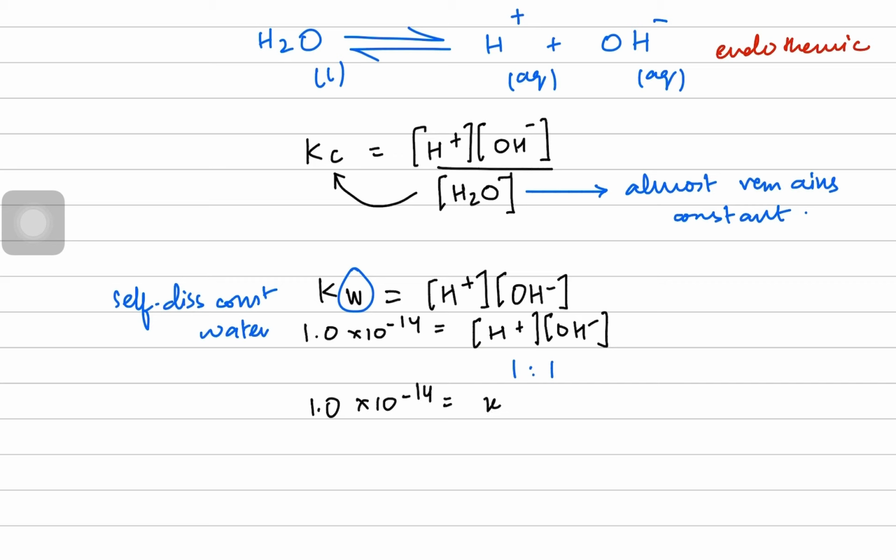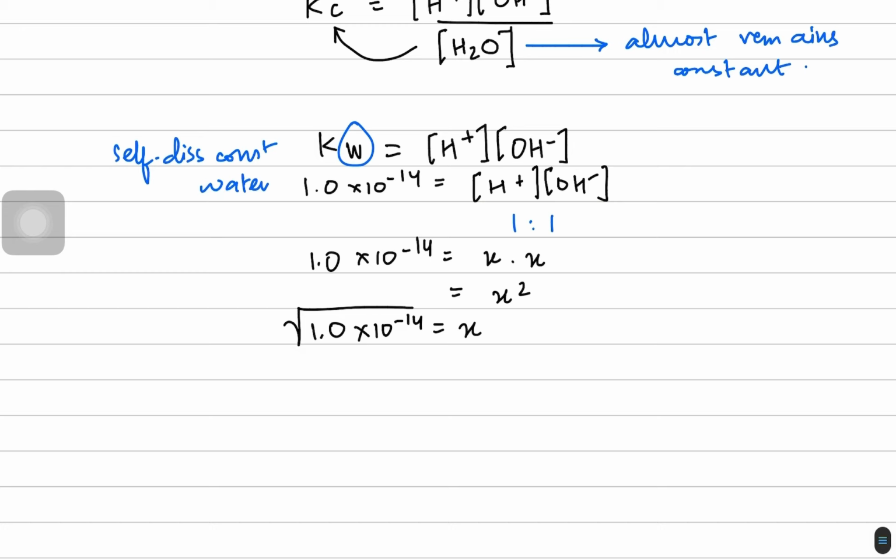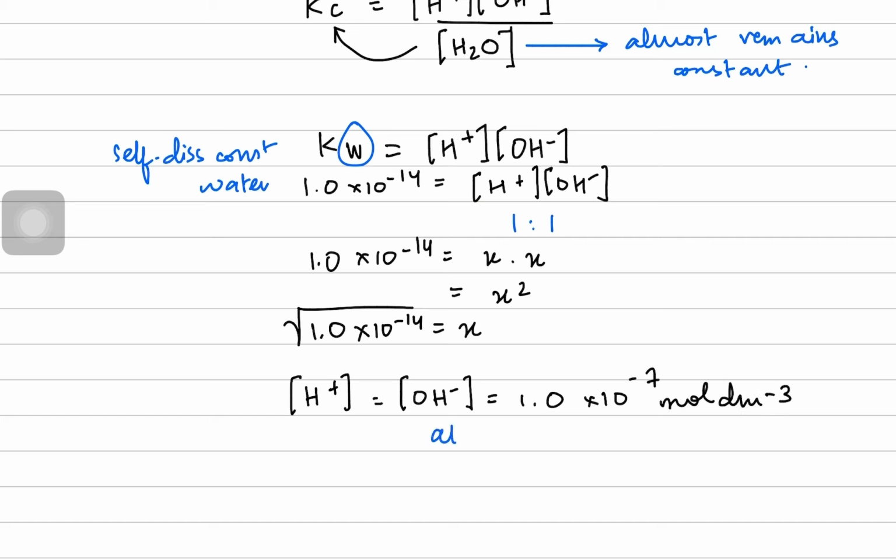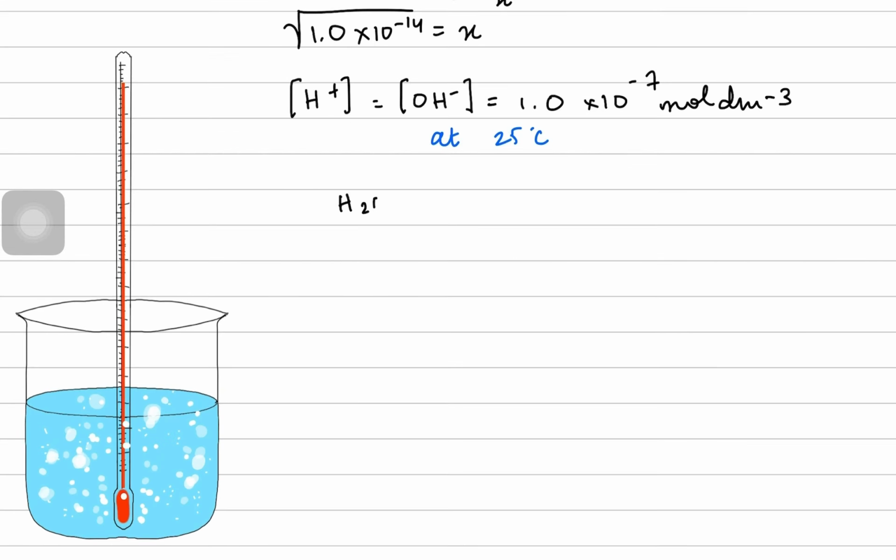So 1 exponent minus 14 is technically the product of two same things, or you can say x squared. So the amount of x is going to be the square root of 1 exponent minus 14. So the concentration of H+ and OH- is the same in distilled water at 25 degrees, which is 1 exponent minus 7 mole per decimeter cube. Remember, this is 25 degrees because this reaction is temperature specific.